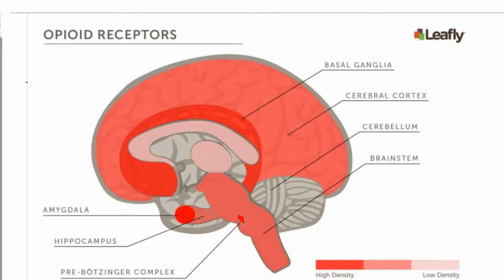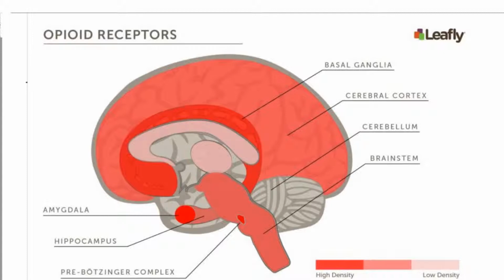Opioid receptors are the parts of the brain that react when opioids are consumed. In the bottom right is the density scale. Areas with red have a higher concentration and are the most affected when under the influence of opioids. As the color gets lighter, so does the density, or concentration.